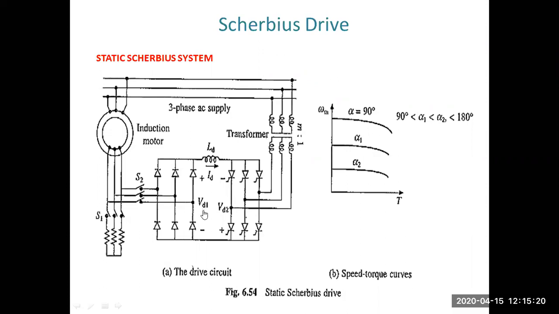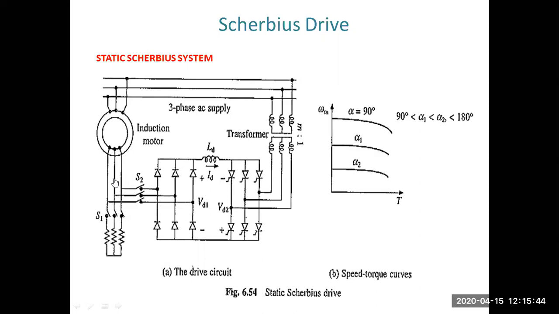After VD2, the voltage is applied across this transformer. Here you can see the turn ratio M to 1, which is the turn ratio of the inverter side to the main supply side. This is the basic difference between the static Scherbius drive and the static Kramer drive.